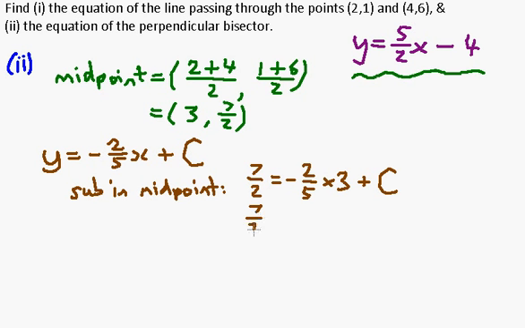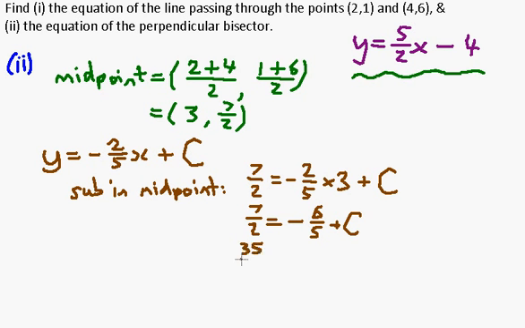So 7 halves is equal to minus 6/5 plus C. Then I'm going to add 6/5 to both sides, and make the denominators the same in one step.